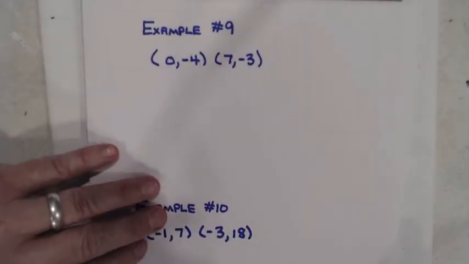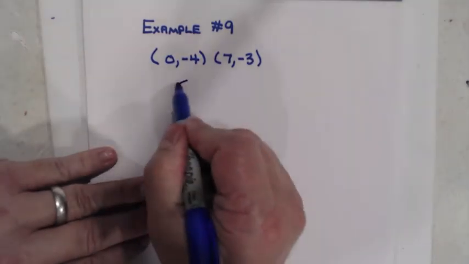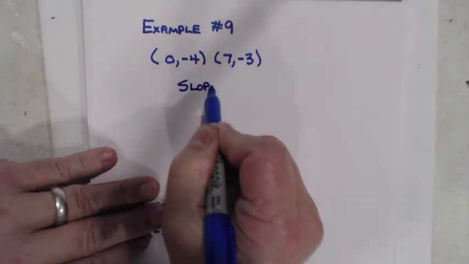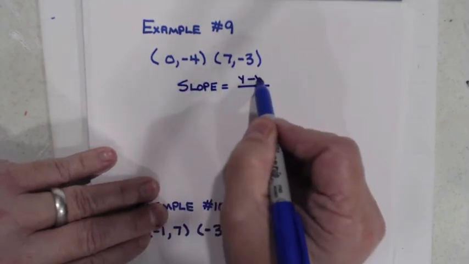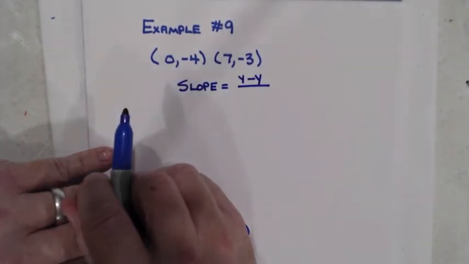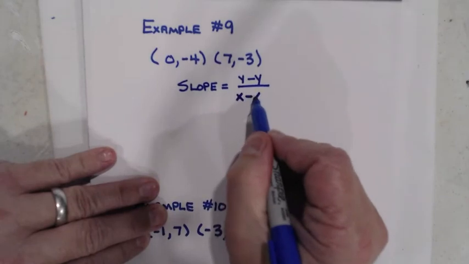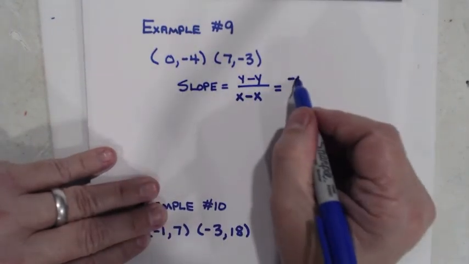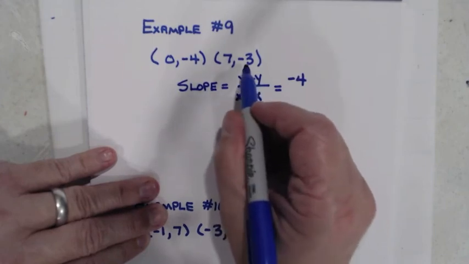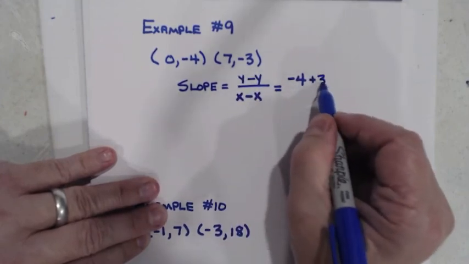Example number 9. To find the slope, you take your y's, subtract them, put it in the top of the fraction. Take your x's, subtract it, put it in the bottom of the fraction. My first y is -4. The opposite of my next y, +3.